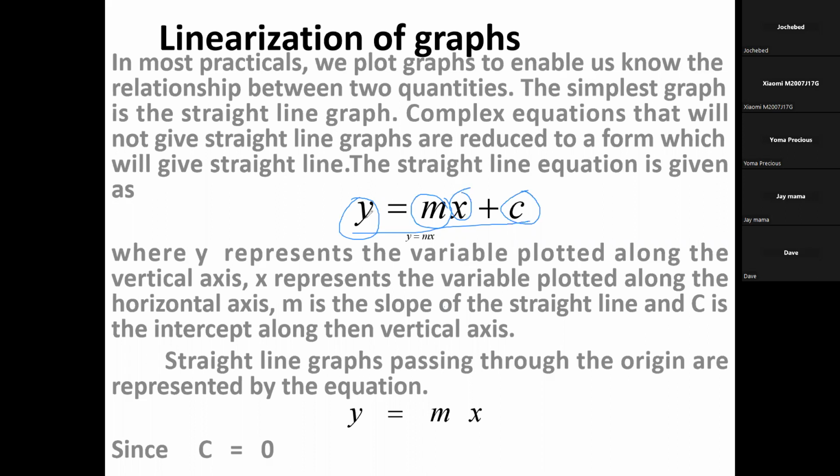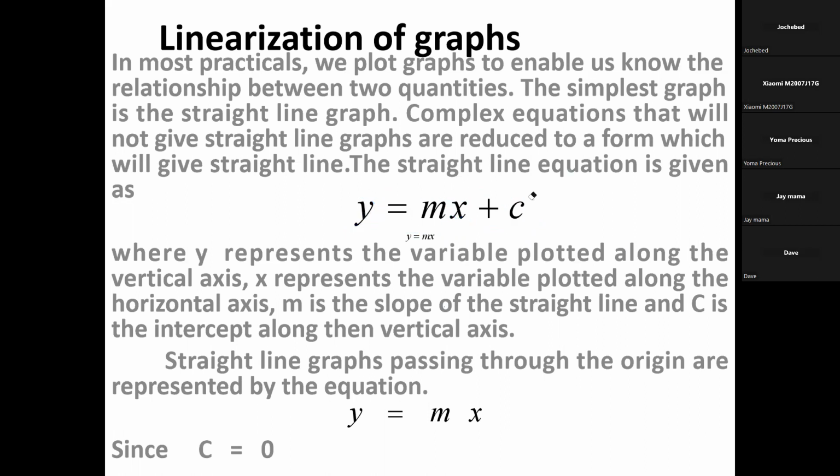So y is called the dependent variable, and x is the independent variable. Y depends on the value of x, so whatever value of x I have here, it will give me the value of y. We should take note of that.